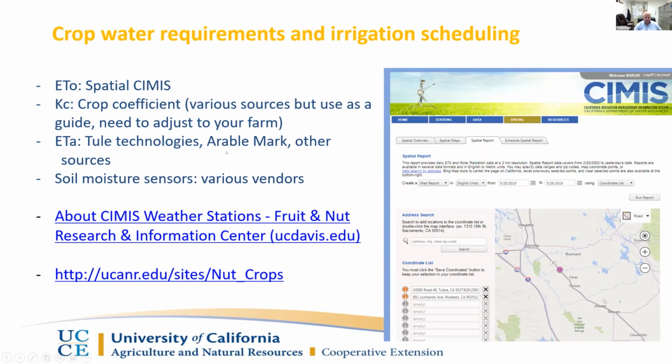There are other technologies like Arable Mark, another device that you can buy for less than $1,000. They have a subscription service for maybe $500 to $600 a year, where you can get the crop coefficient, actual water use, rainfall, wind speed, and many other sensors, temperature, radiation, and so on.